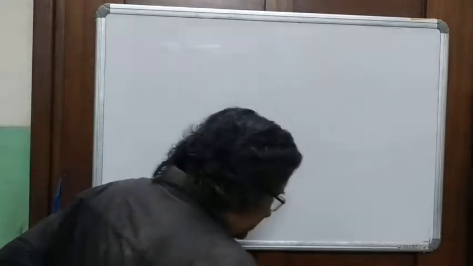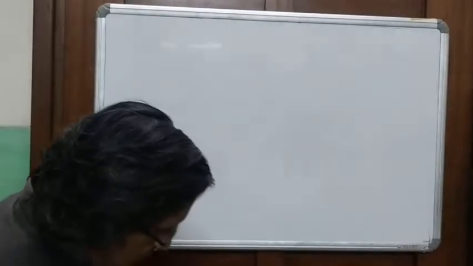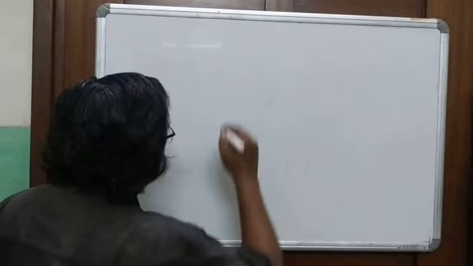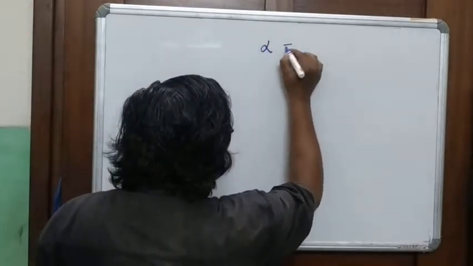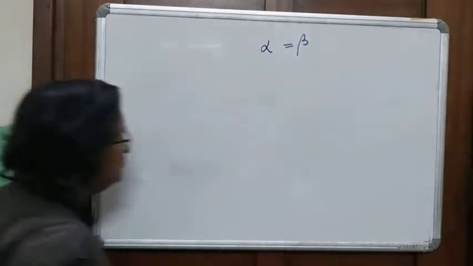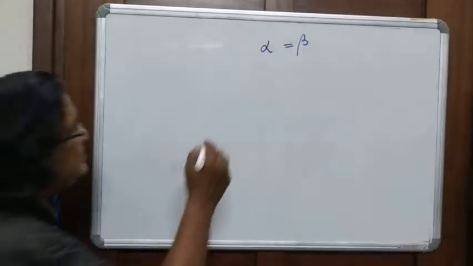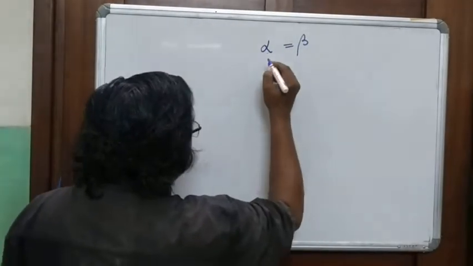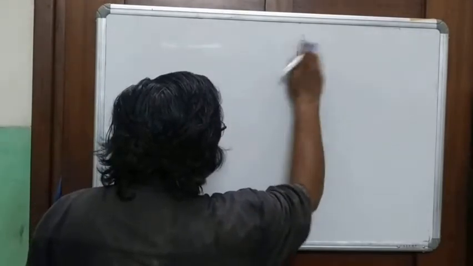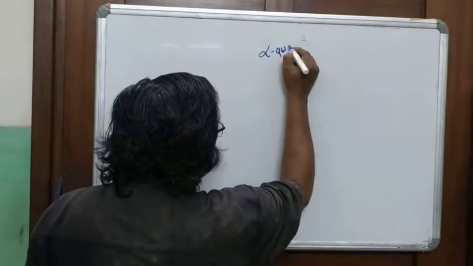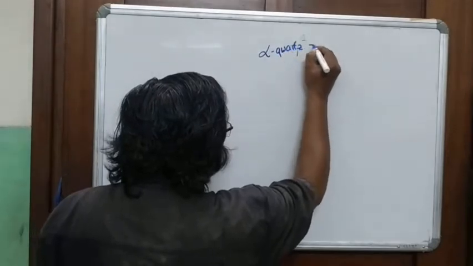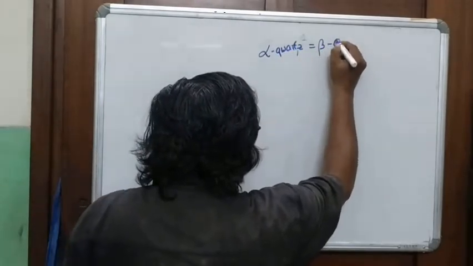Now, say for example, let's say there are two phases, alpha equal to beta. These are two phase components. Let's say this is alpha quartz equal to beta quartz.